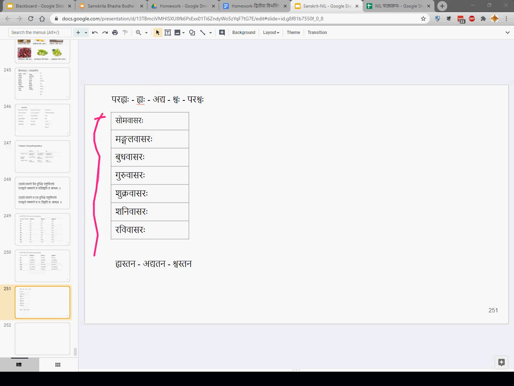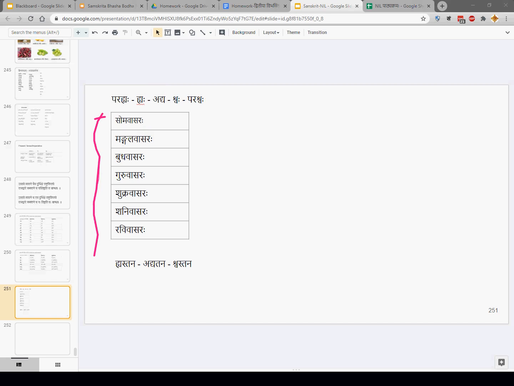Soma Vasaraha. Mangala Vasaraha. Buddha Vasaraha.